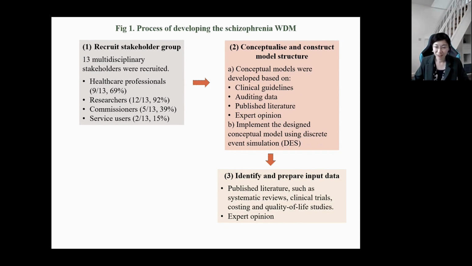So I decided that I didn't have any more time to spend on identifying the right patient level data from CRIS. So instead, I used input data reported by published literature, such as systematic reviews, clinical trials, costing and quality of life studies. Where there is lack of evidence for specific input data, I used expert opinion to estimate a range of possible data.